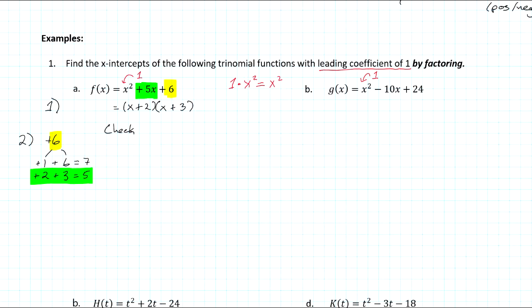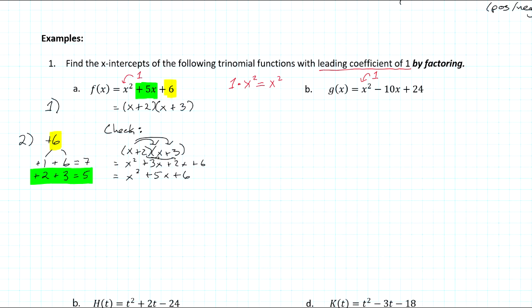This is not something that we normally do in practice, but just to show that this is going to work, x plus 2 times x plus 3, if we FOIL it, we would get x squared plus 3x plus 2x, and then a plus 6. And that would add up to x squared plus 5x plus 6, just like we wanted.